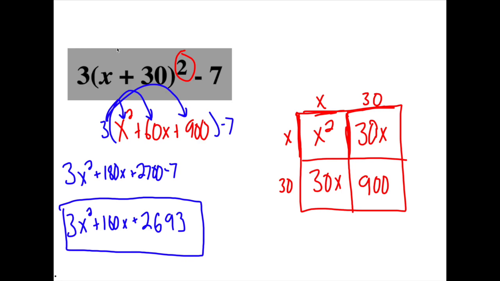And remember, when you distribute 1, it stays the same. And in the last step, you're doing the addition or subtraction. In this case, it's subtracting by 7. So we get 2,693. So if we were able to get these 3 right, I just want to make it clear, this is a 180.